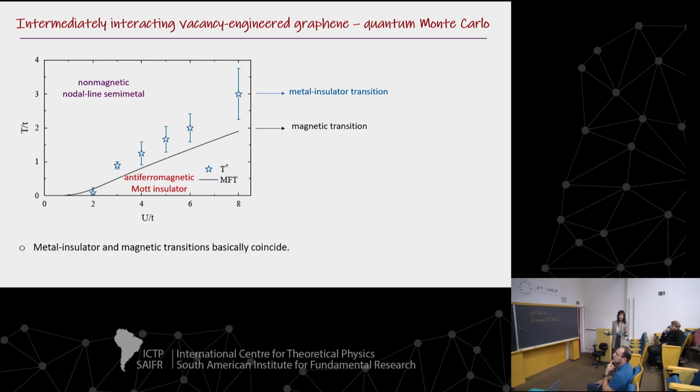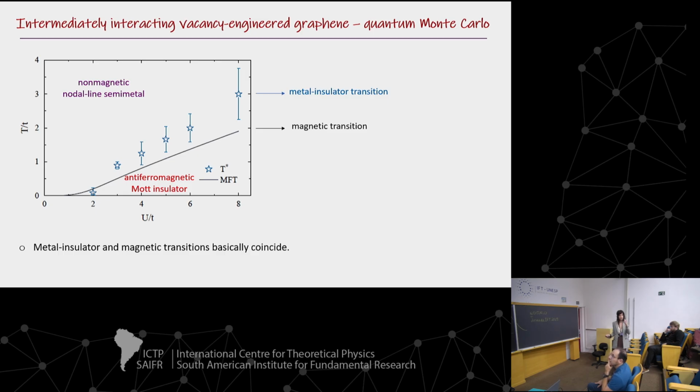So we are basically in the position to say that electronic interactions drive a transition from a non-magnetic nodal-line semimetal at weak interactions, and as you increase interactions, the system, for a certain temperature, will enter this antiferromagnetic insulating phase.